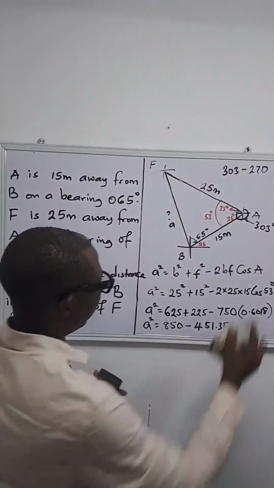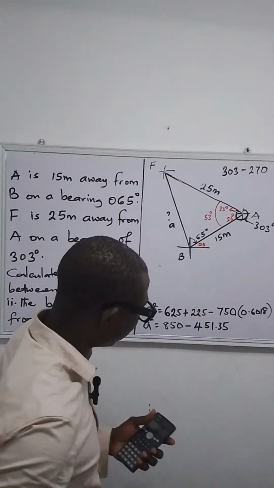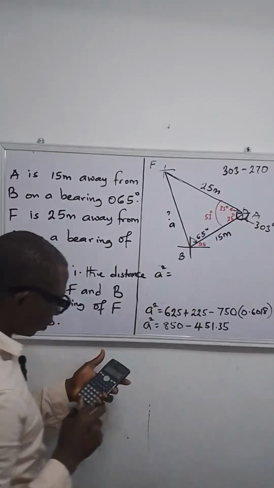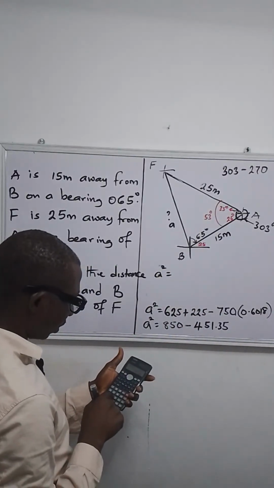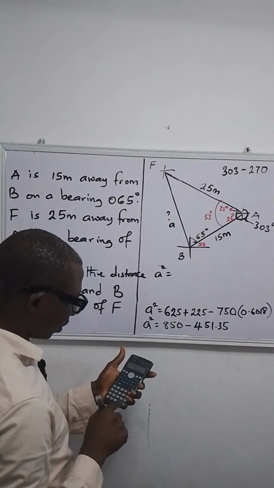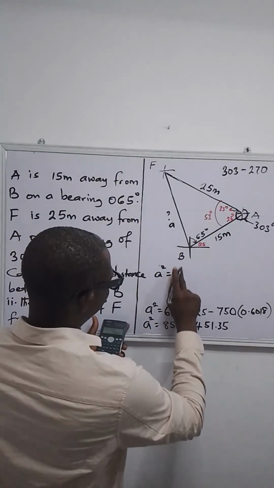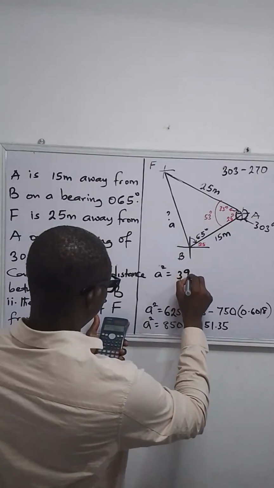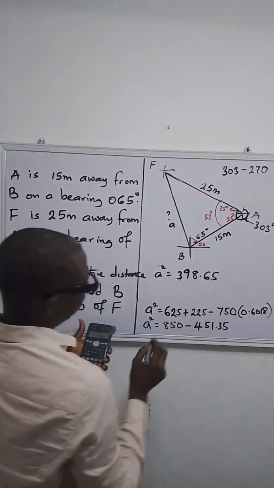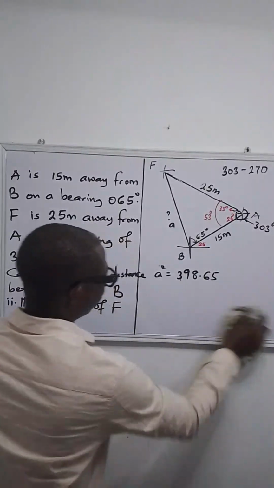Okay, now let's continue here. My board is a little bit small. So we now have A squared. Now let's subtract. That's 850 minus 451.3. So you have 398.65. Okay, so when you subtract, that's what you have. So you can now go ahead and take the square root of both sides.